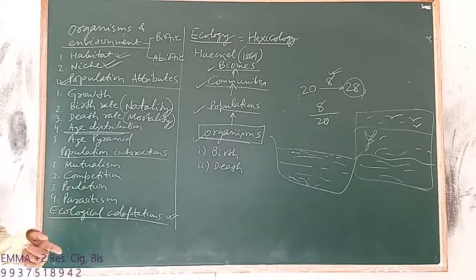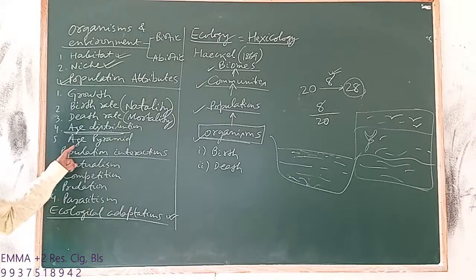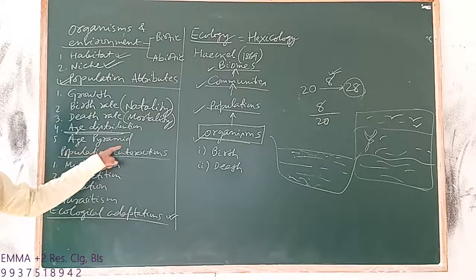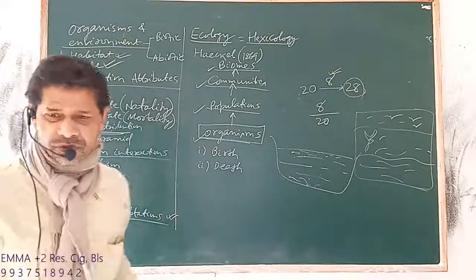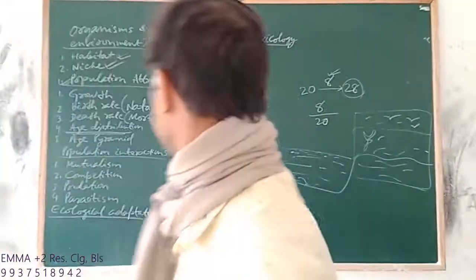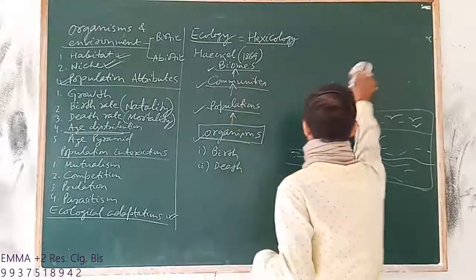The population is growing, or stable, or declining. We can draw a graph. That graph is called an age pyramid. Now one by one we will discuss some of the population attributes or features of a population.